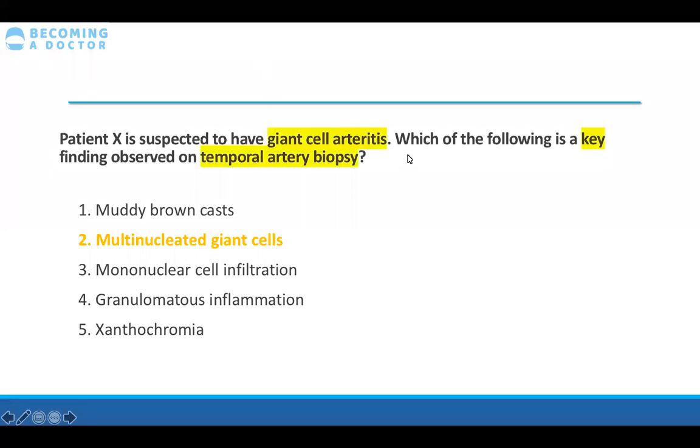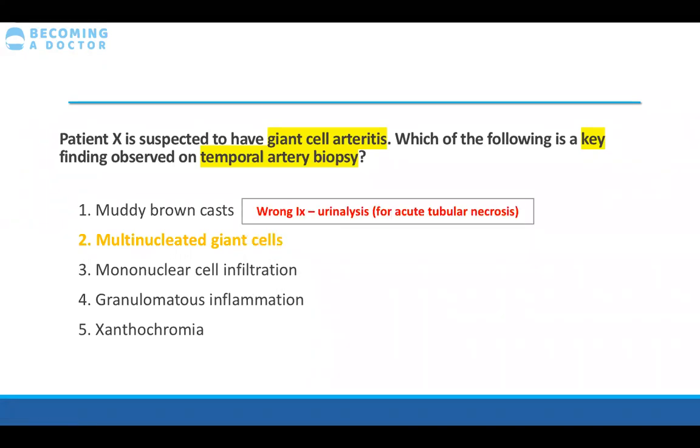So the question here says, they've had GCA, what is a key feature? So multinucleated giant cells are a key feature. It's an exam favorite question and something that is characteristic of giant cell arthritis. Mononuclear cell infiltration and granulomatous inflammation are not incorrect. They are also seen in giant cell arthritis, but you would not say that these are key features of it.